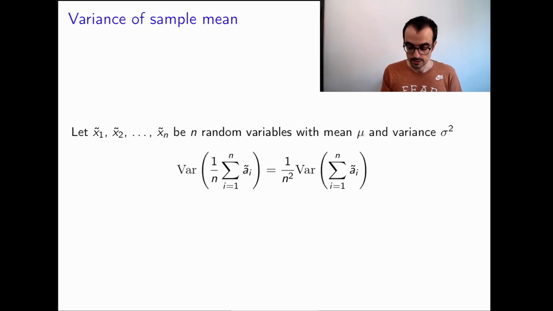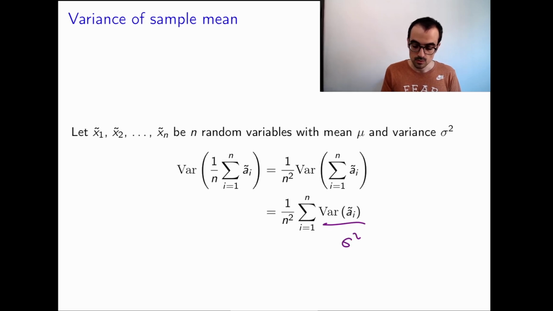So first we take this guy out with a square, the 1 over n, and now we have the variance of a sum of independent random variables. This is just equal to the sum of their variances, and each of these guys is just equal to sigma squared. We are adding the same number n times, so it's equal to n times sigma squared. We end up with a variance that is sigma squared over n.